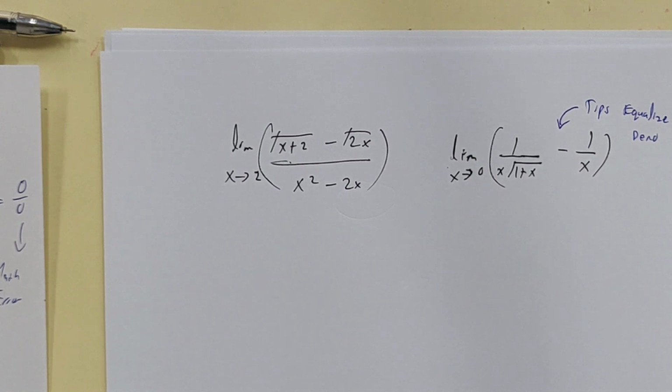That means you need to make the equalizer denominator before you do anything else. Those are quite tough examples. Good luck.